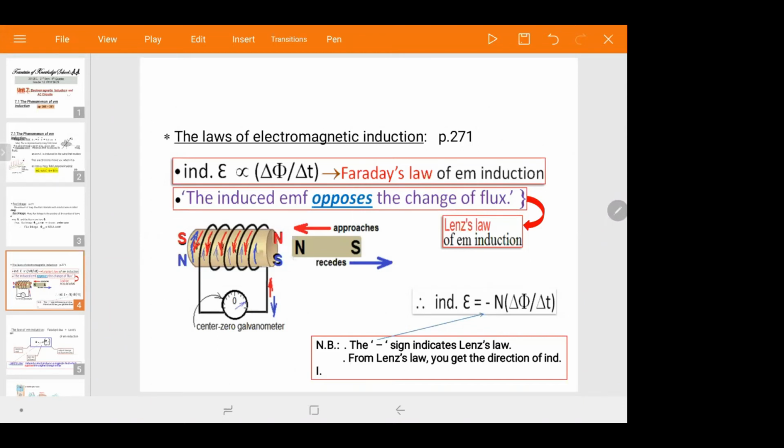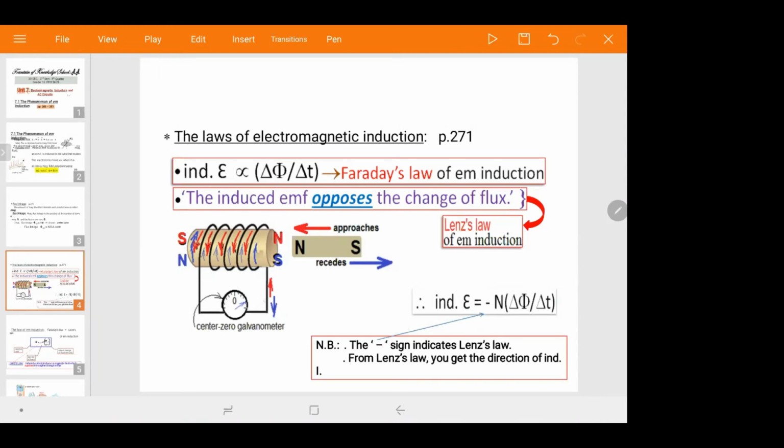So the north pole is approaching. There's a change of flux in the coil. According to Faraday's electromagnetic induction law, voltage will be induced. The ends of the coil are connected. Since the ends are connected, the zero at the center is a galvanometer. It will show a reading, which means current is flowing. When current flows, a magnetic field will be produced.